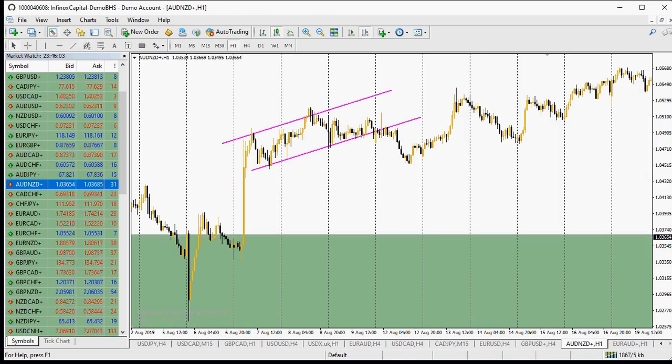What pattern is this? Rising wedge. Beautiful. That's a rising wedge. Okay.